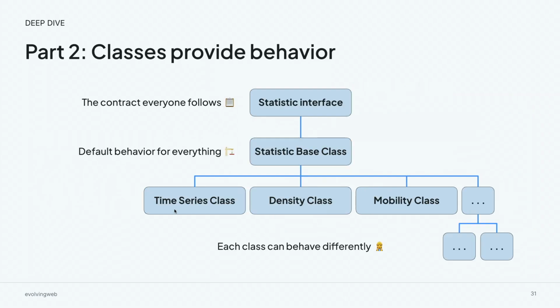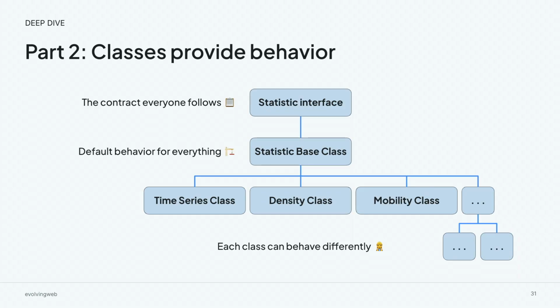Then you have our class hierarchy. At the top of it, we have the interface. That's kind of the contract. An interface in a programming language is just the list of methods that the class that's going to inherit it needs to define.